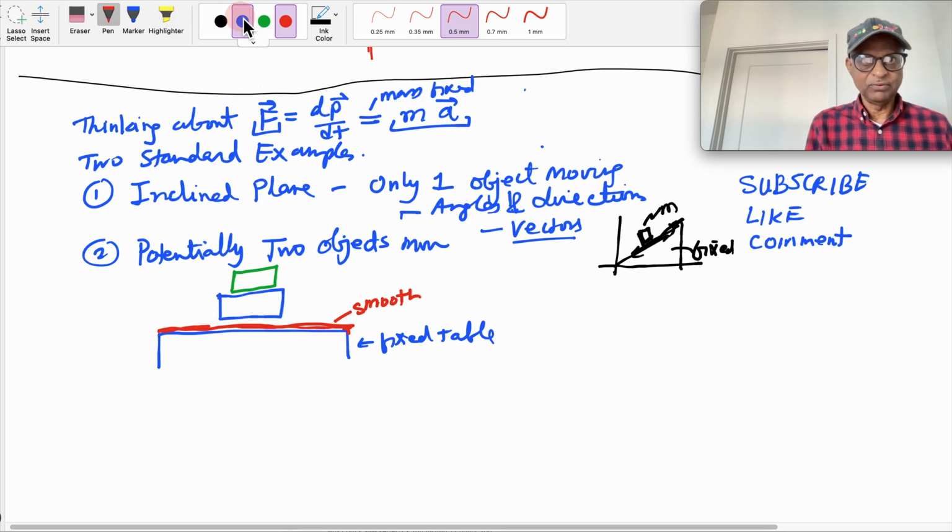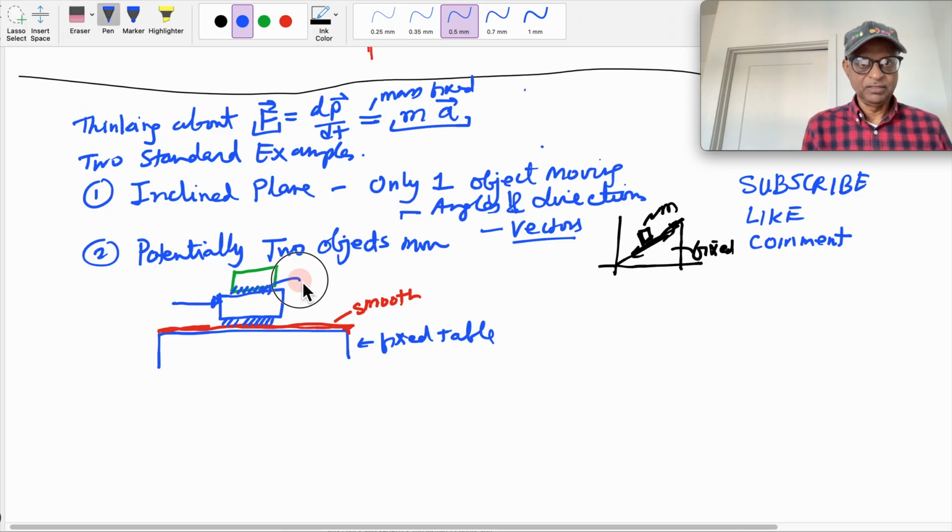So let's see, I put a force on that. The question is, there is one surface of contact, and there's another surface of contact. These are given as mu s and mu k, the coefficients of static and kinetic friction.